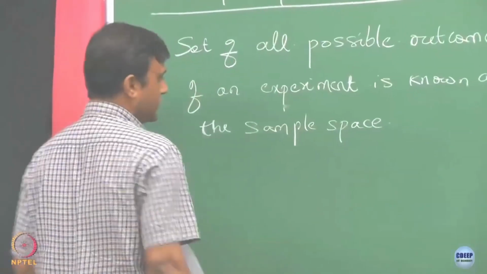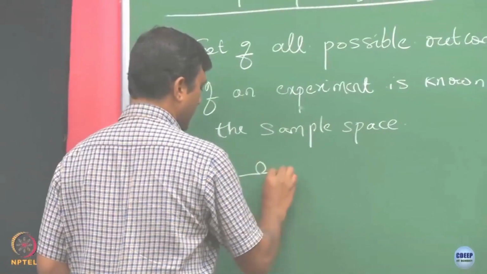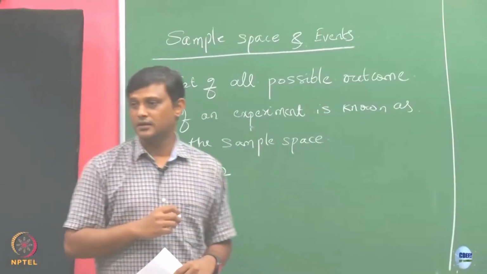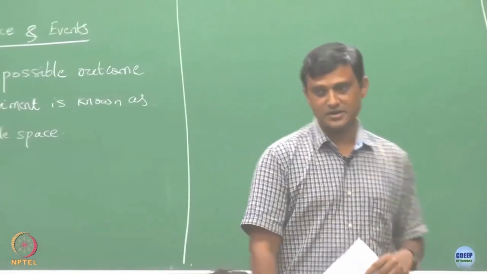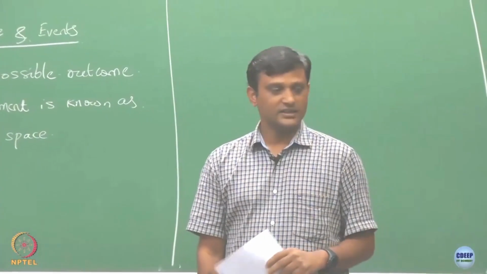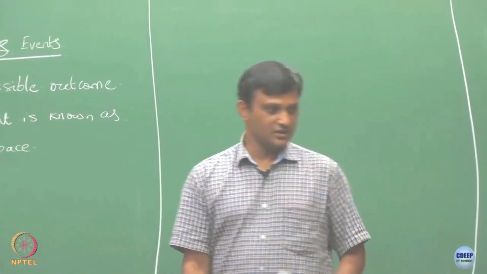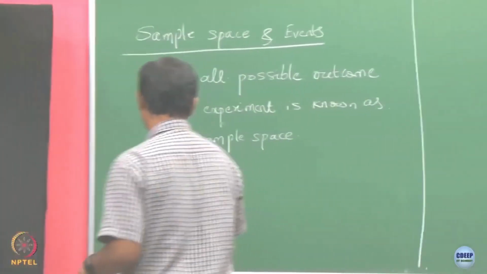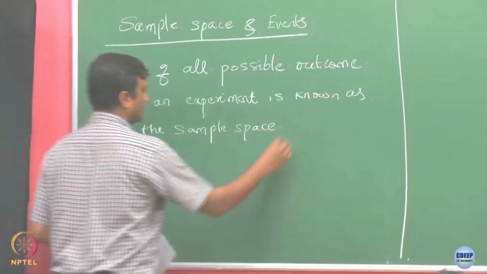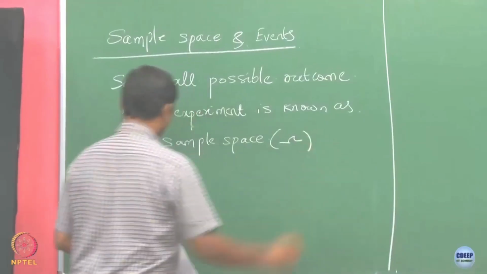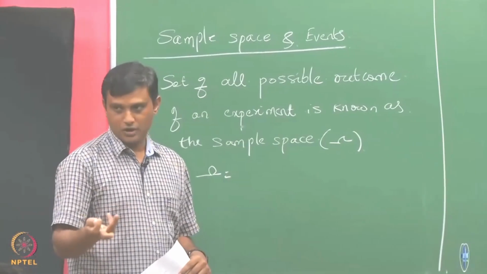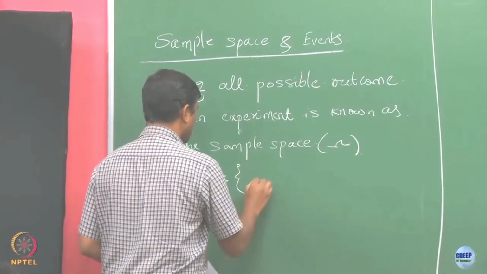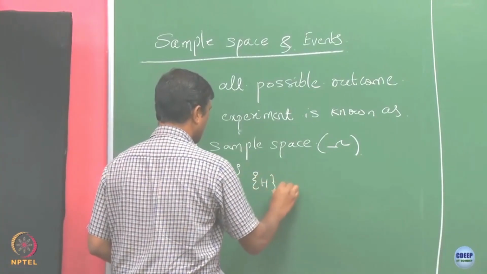So we are going to denote the sample space by omega, and depending on what random experiment we are talking about, this could be a different set. For example, for a coin toss, what is this set going to be? Two outcomes, right? It is going to be head or tail.